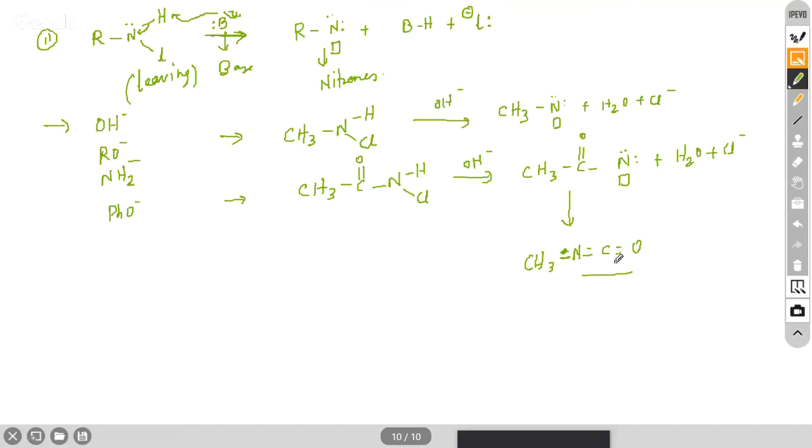Now you see there are a few reactions which involve the formation of nitrene, and the reaction proceeds, right? So first write down the reactions which involve nitrene formation.